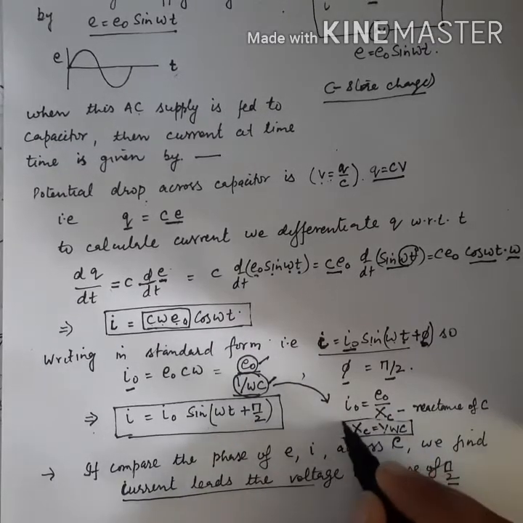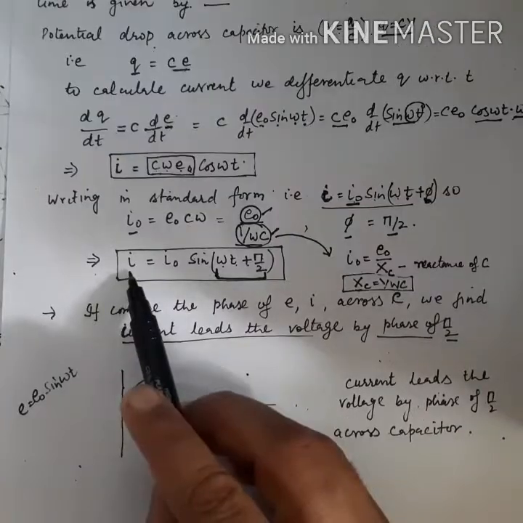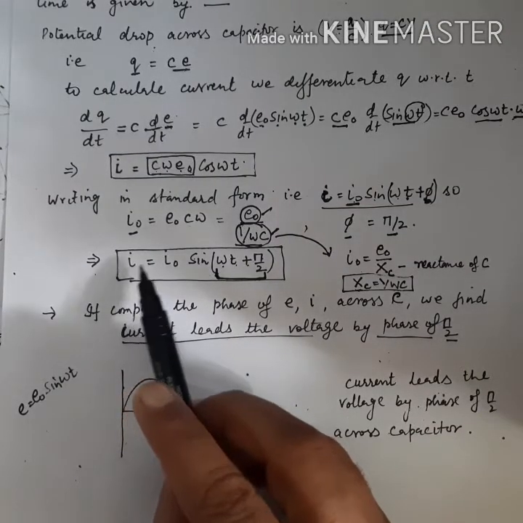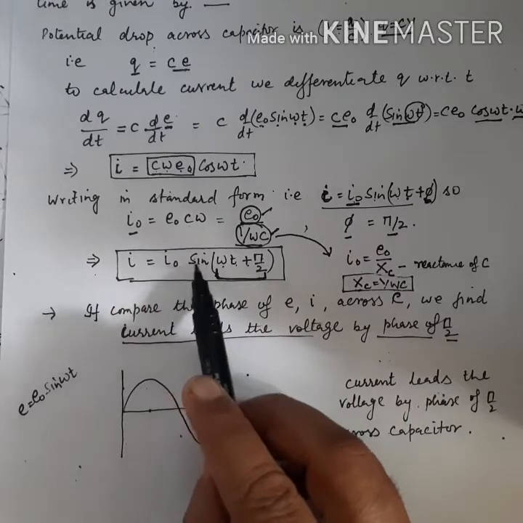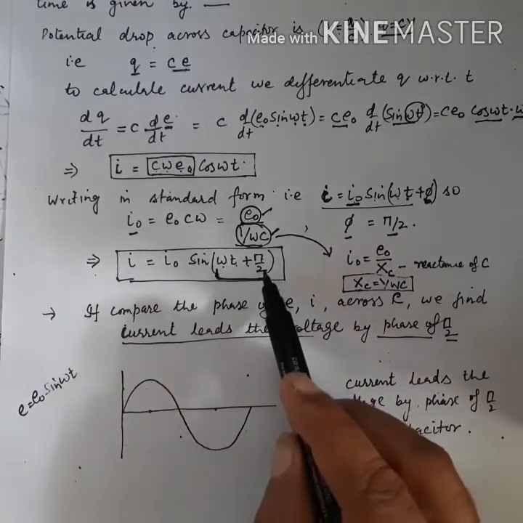This term is known as the reactance of a capacitor. It plays the same role as the resistance plays in the resistor. So again, the current equation is I = I0 sin(ωt + φ), and what is the value of φ? Here it is π/2.